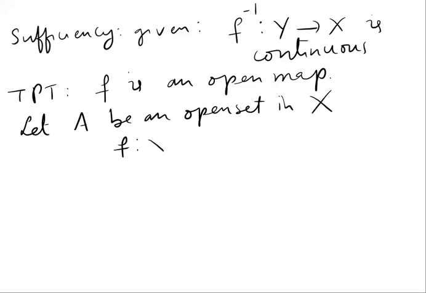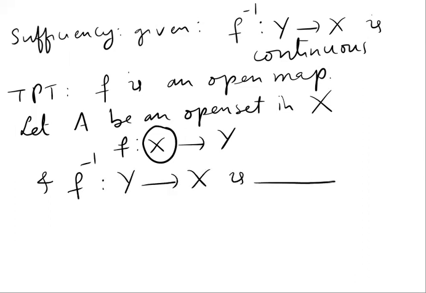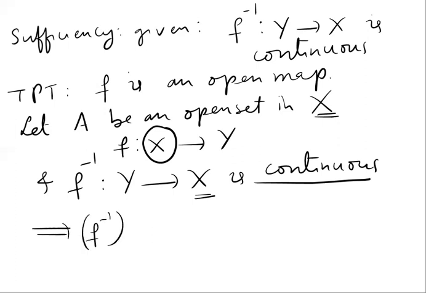Because f is from X to Y. I am taking any open set in X. And f inverse from Y to X is continuous, as given. So f inverse, whole inverse, of A is open in Y because f inverse is continuous.